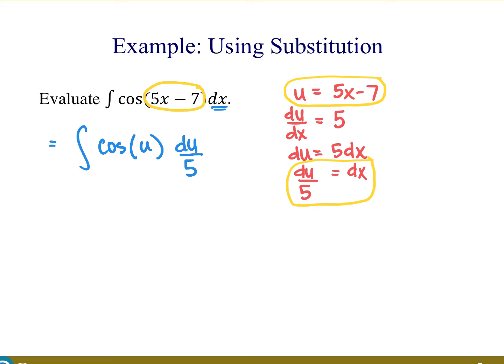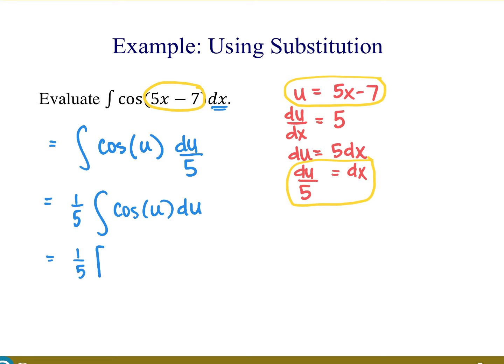And because 5 is a constant, I can pull it out in front of my integral, which will leave me with cos u du. So if I take that 5, which is a constant, and pull it out to the front, what does it really look like? It's a 1/5. And now I find the antiderivative of this.